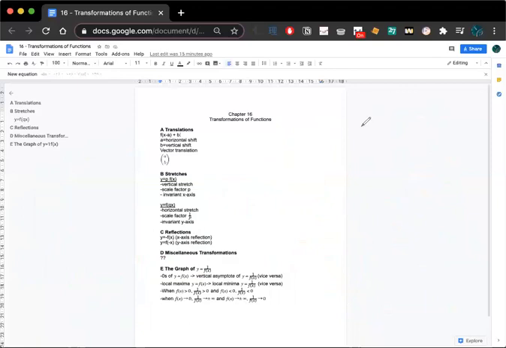Okay, so next up we have reflections. For reflections, if you have minus f(x), that would be the x-axis reflection.